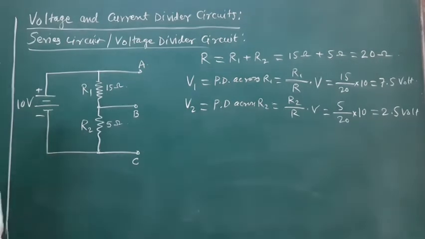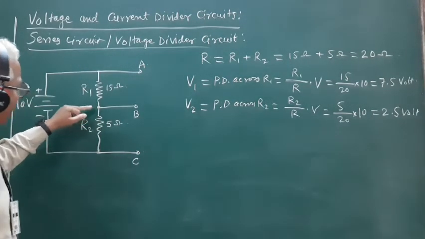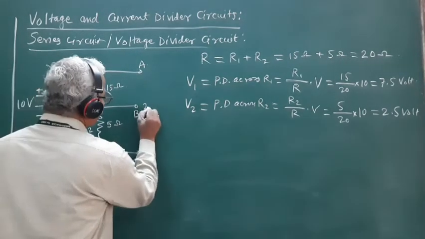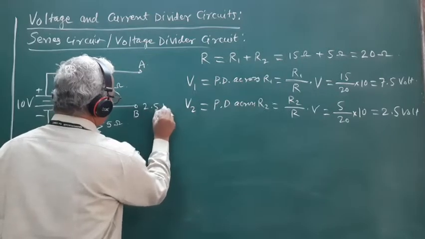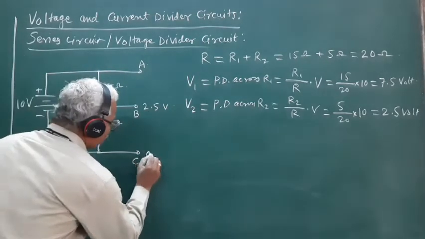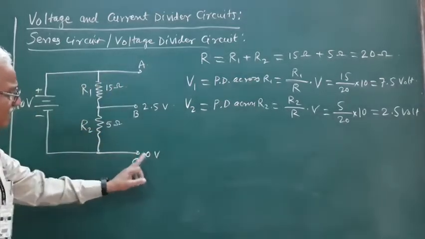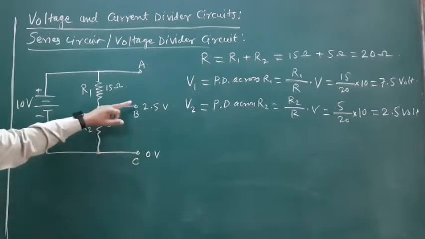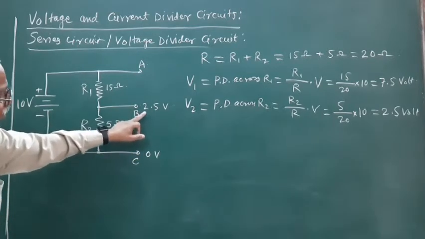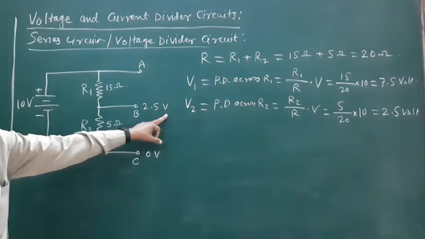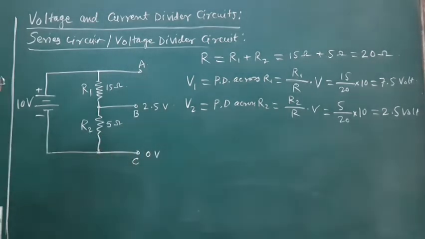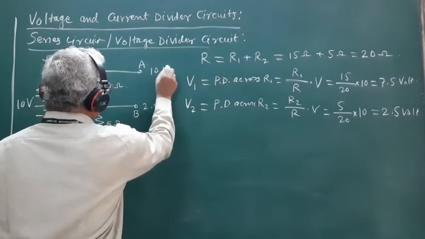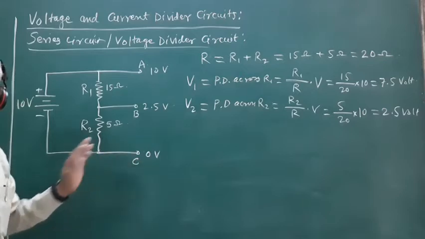Here the potential at the point B with respect to point C is 2.5 volt, where the point C is considered to be at 0 volt. With respect to the point C, the point B is at a potential of 2.5 volt, and the point A is at a potential of 10 volt.